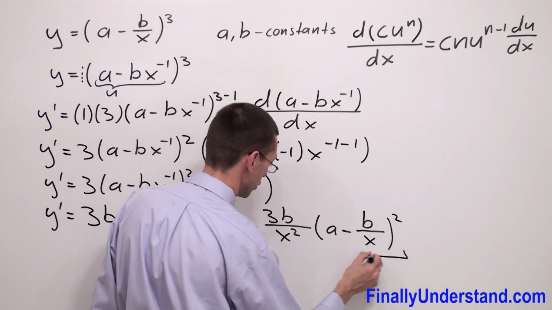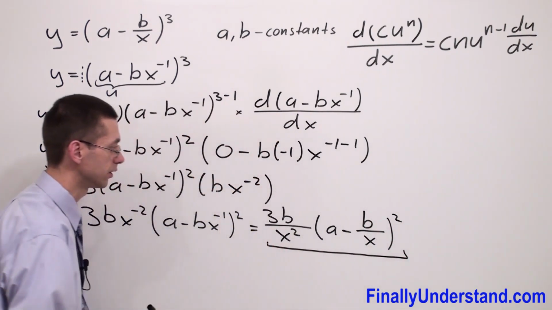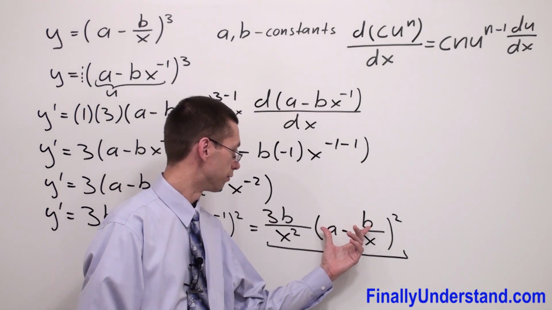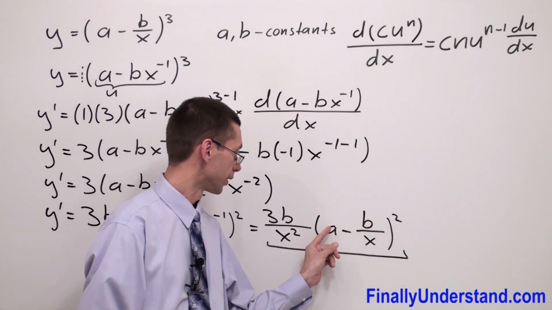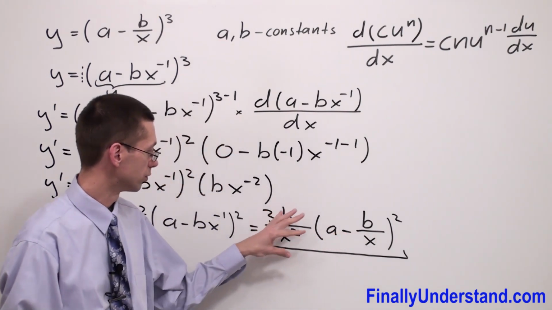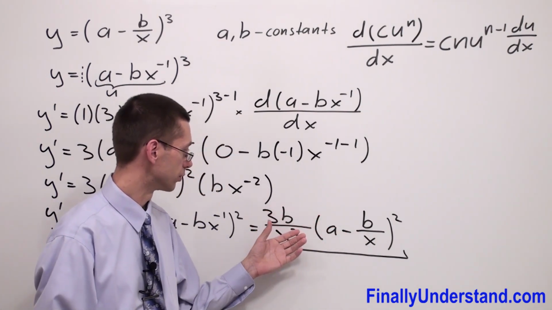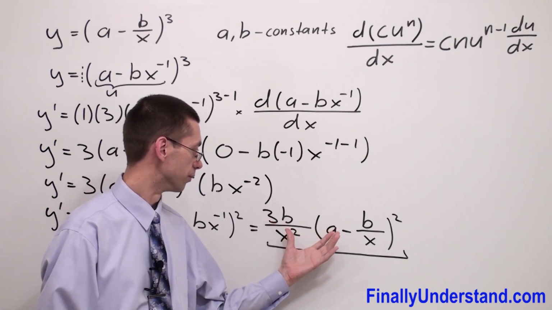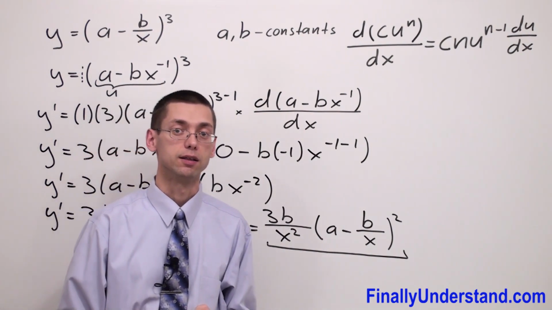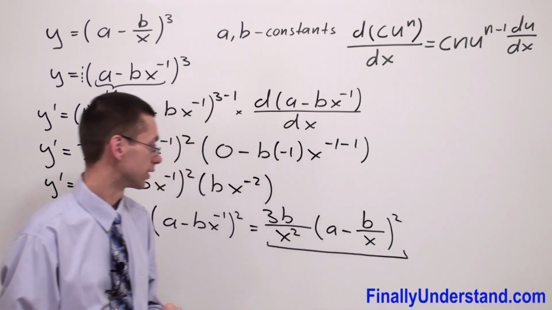You can leave your answer like this, or you can continue with the formula for the power of a difference and use algebra to get the answer simplified a little bit more. But at this moment, we can say that the answer is good enough, so we can say that the problem is solved.